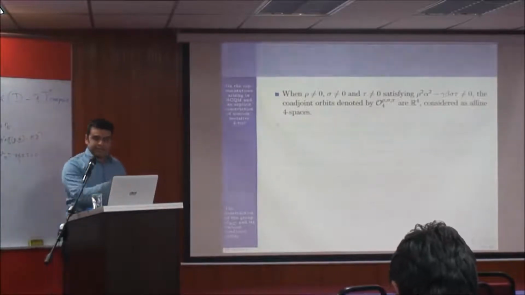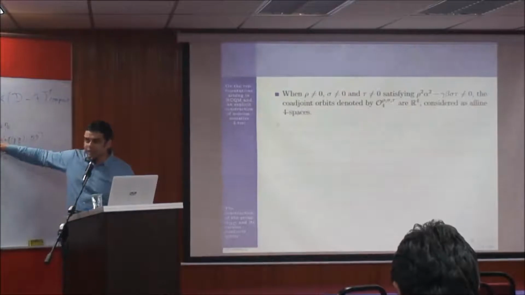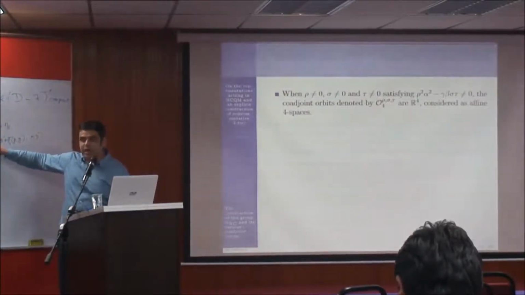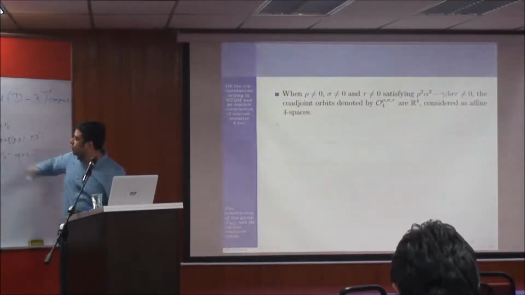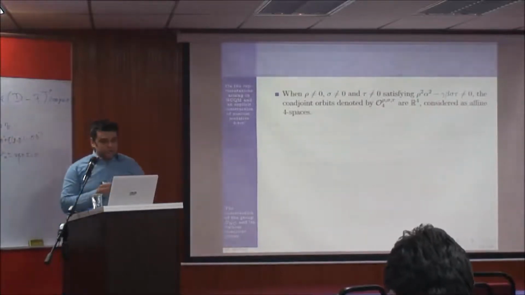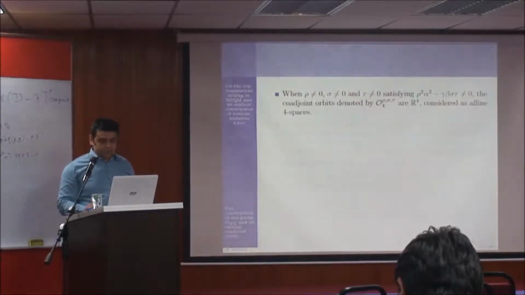And for that region, if you take an affine R4 space through each point, that will be our coadjoint orbit. So these are four-dimensional vector spaces.